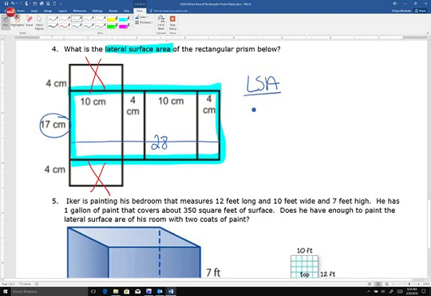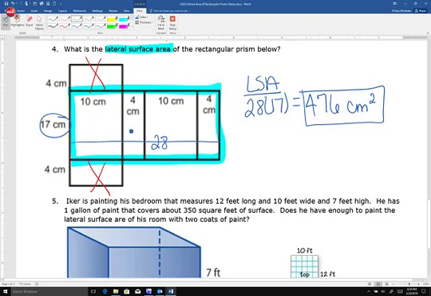So the lateral surface area is 28 times 17, which is 476 centimeters squared.